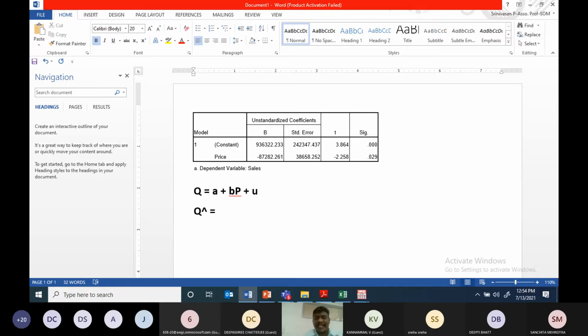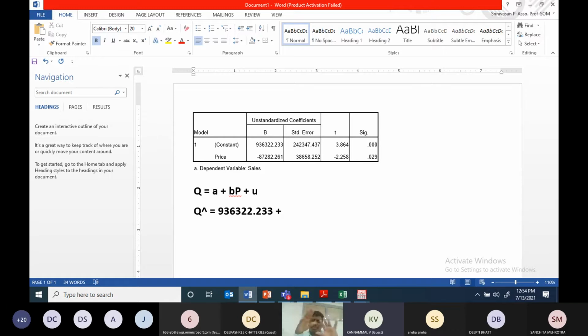So Q hat is equal to, what is a? 936,322.233 plus. Because there is some amount of sales without price, due to other factors we do not know, there is a constant.